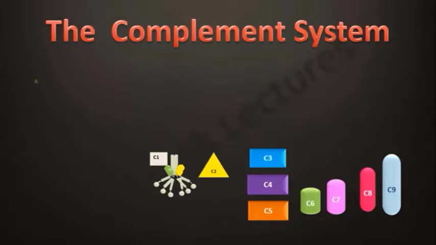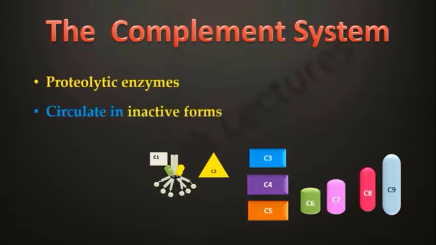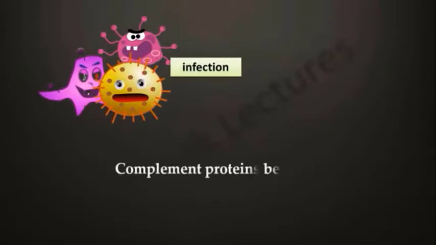Most of these proteins are proteolytic enzymes. In the absence of infection, they circulate in inactive forms. When there is an infection, these proteins become active, and this is known as complement activation.